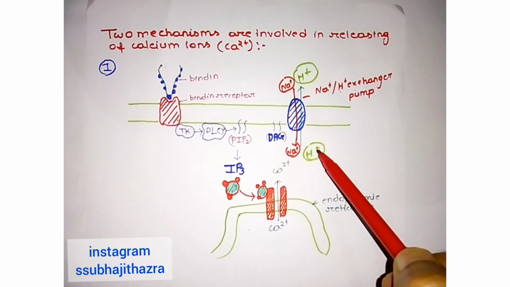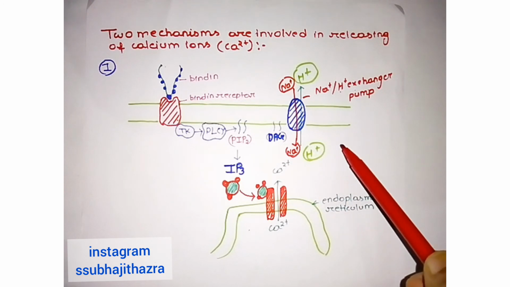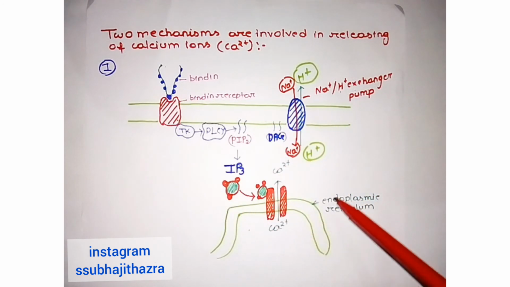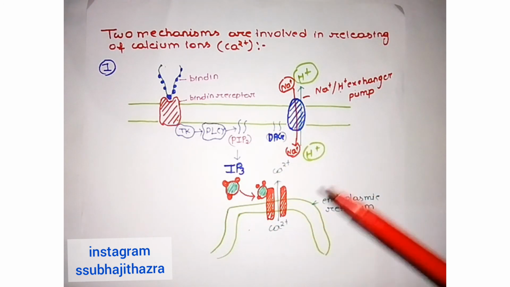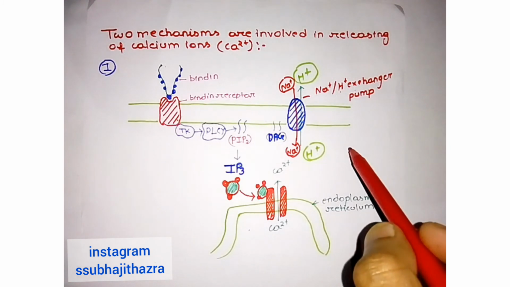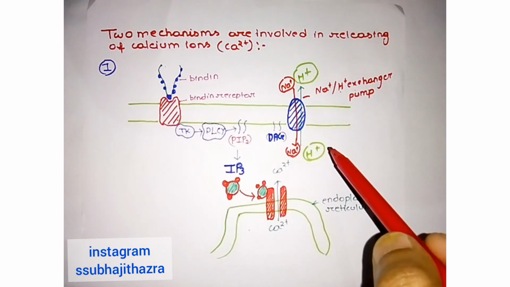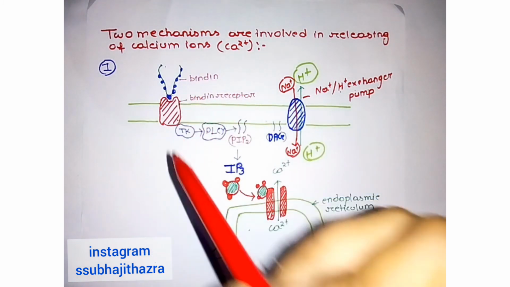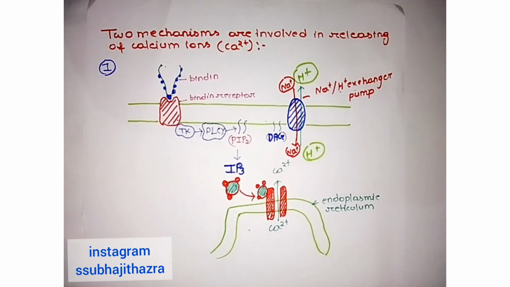Due to movement of H plus, the pH of the egg cytoplasm increases. So alkalinization of the egg cytoplasm occurs when the bindin binds with that receptor.